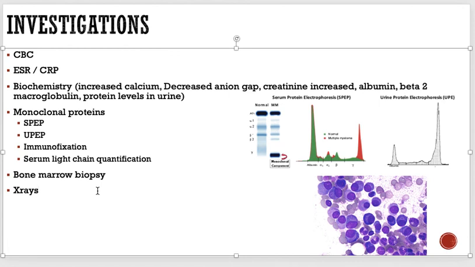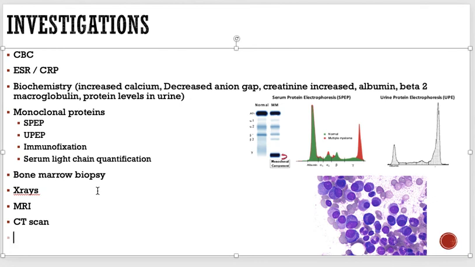We can find the osteoblastic activity. You can do MRI. You can do CT scan, especially when there are vertebral body fractures or spinal cord compression, right? So we can do multiple investigations in these patients just to find what is the cause.